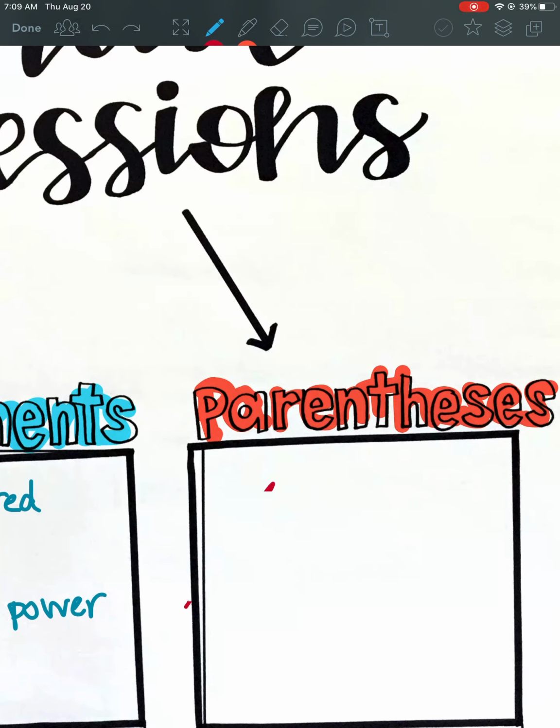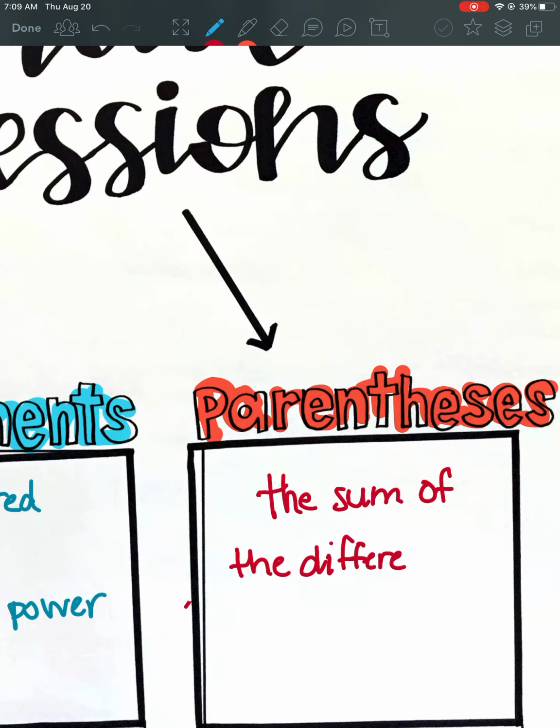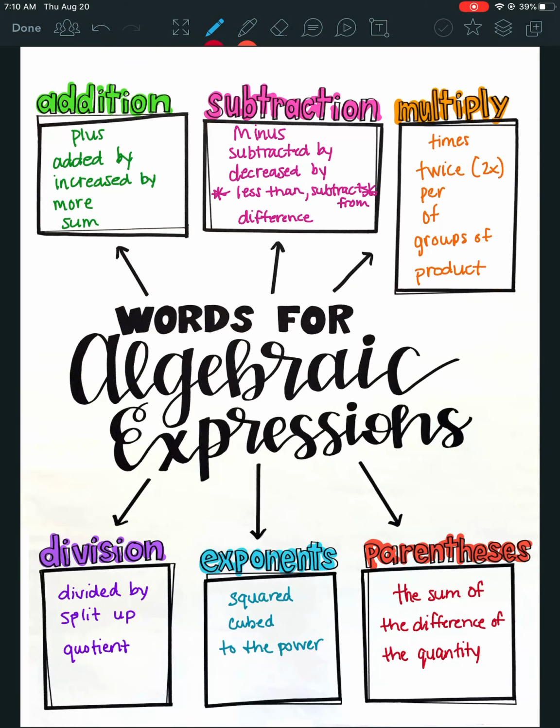So if we see the sum of, and this was in some of our examples on that last page, the difference of, so the same thing. And then the quantity. If you see these, we know we need to have parentheses, and there's probably going to be a second operation happening.